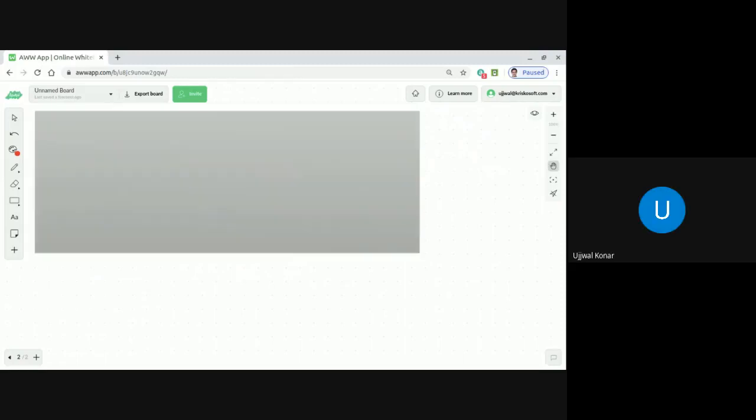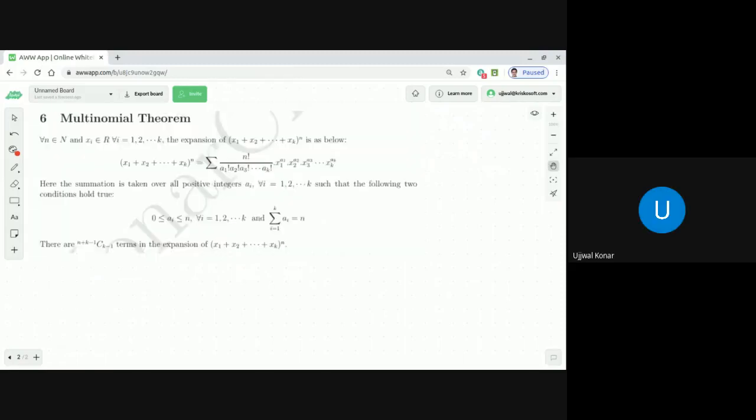So the multinomial theorem tells that for all n belonging to capital N, that means lowercase n is a natural number, and for all i equal to 1, 2, up to k, and xi belonging to R, the expansion of (x1 plus x2 dot dot dot up to xk) power n is like the following.